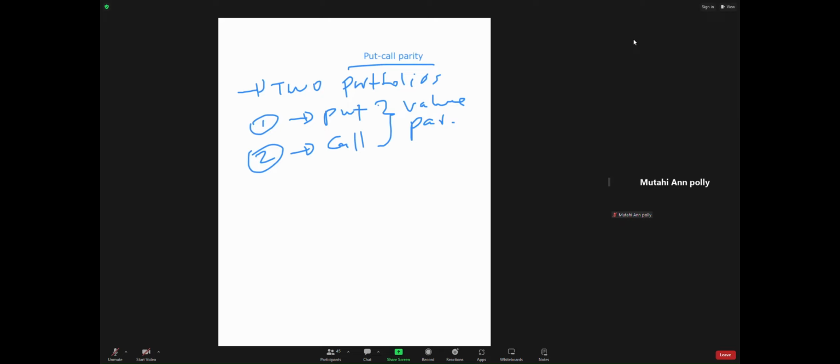It means that you have two portfolios such that regardless of the market outcomes, the two portfolios will yield the same value at the end of the observation period.